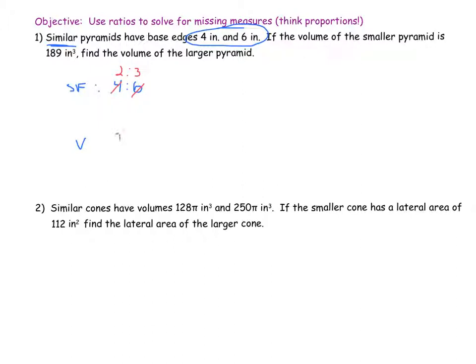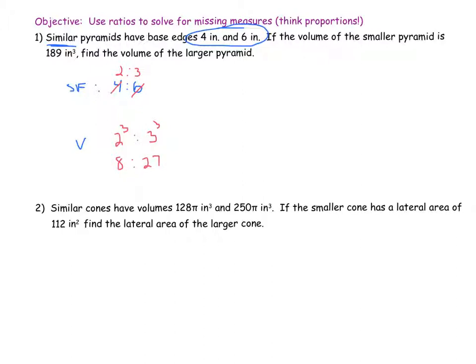So my volume ratio is going to be 2 cubed to 3 cubed, and if we get numbers for that, 2 times 2 times 2 is going to be 8, 3 cubed is 27.